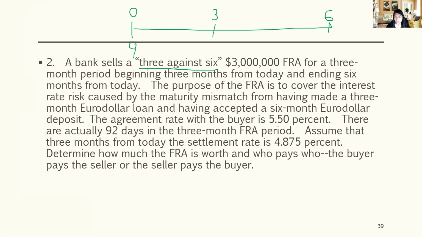This is the current time. This is the day that the FRA is settled, the settlement date. And the period between month 3 and month 6 is when you compute the interest. This is the period over which you compute the payoff of the FRA. But the FRA is going to be settled in month 3.